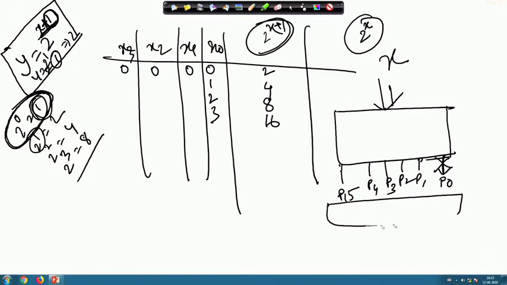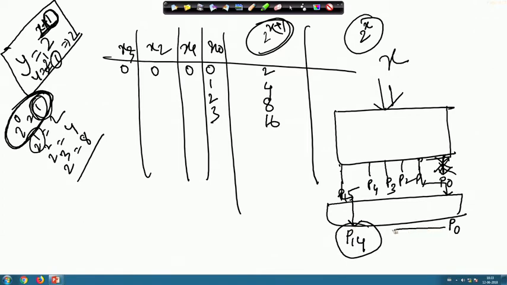In this case P0 will not be connected. P1 will be connected to P0 of this particular block, and P15 will be connected to P14.